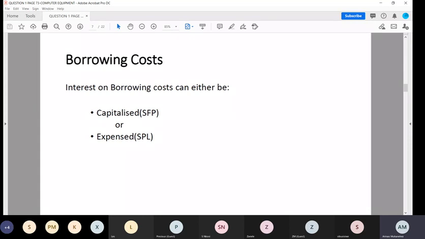So let me explain on a high level what borrowing cost is. I'm not sure if you've done it in level 2 or not, but nevertheless, that's not a problem. The easiest way for me to explain what borrowing cost is: if you have a company that wants to build a shopping mall, they do all the budget and all the research, and they say they need 100 million rand to start constructing that shopping mall.